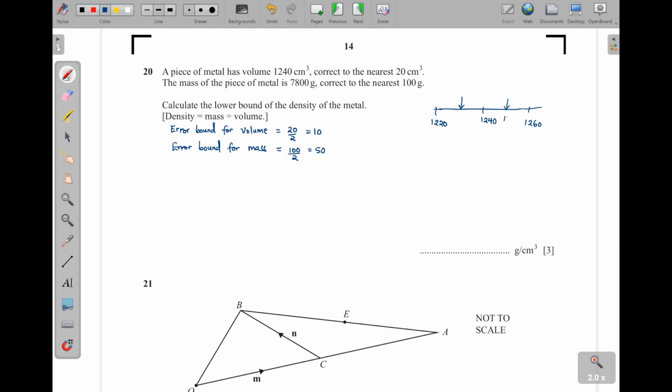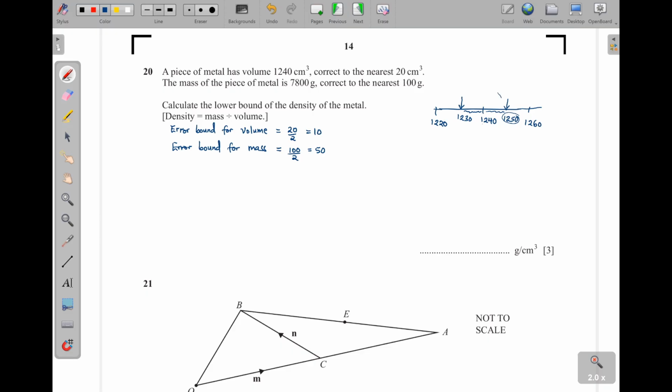So we shall have 1250, and then here we have 1230. Now, all the numbers in here, when we round them off, can give us 1240. And also here. But this number here cannot give us 1240.